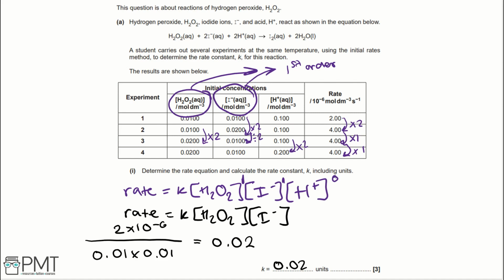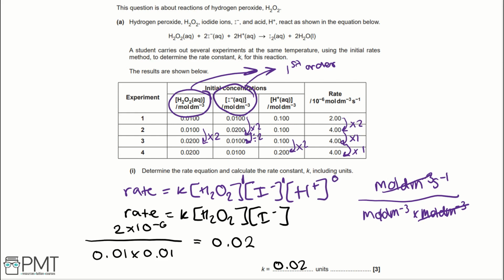And then for units, we have moles per decimeter cubed per second over moles per decimeter cubed times moles per decimeter cubed. Then we need to cancel these out. So we can cancel out a mole per decimeter cubed, and we're left with 1 over mole per decimeter cubed, s to the -1.